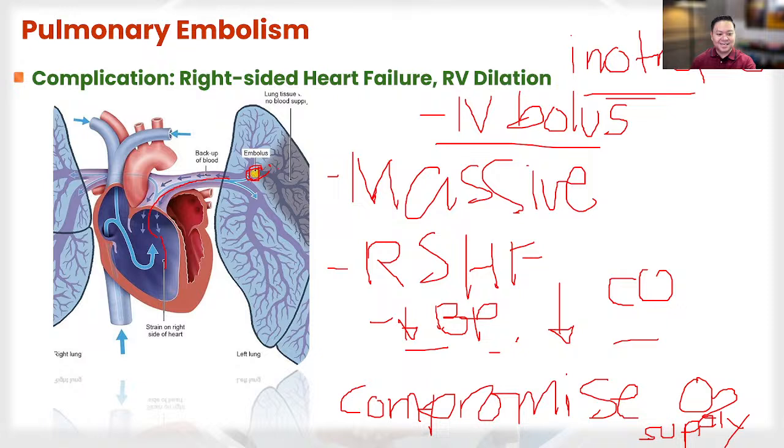Well, because of the right-sided heart failure, when you increase some more volume into the system, all the more that the patient will be drowning. So this will worsen the congestive heart failure that just instantaneously happened.